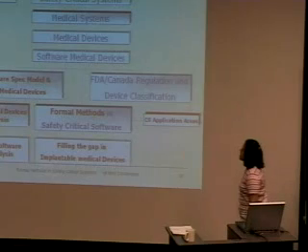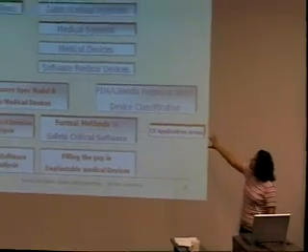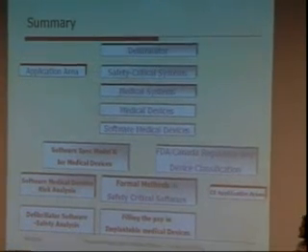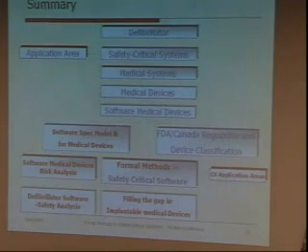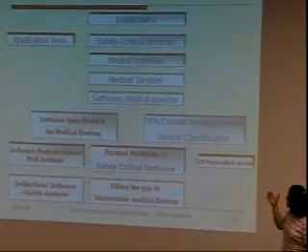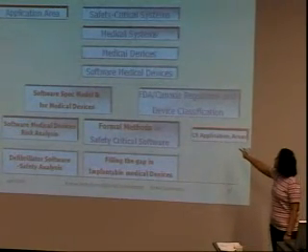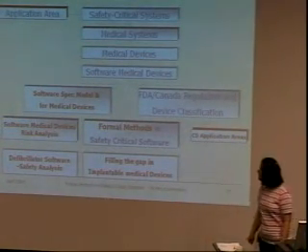So this is a summary of my talk. These blue parts I defined in the last presentation, and specifically today I went over a software specification model for medical devices. I defined risk analysis for software medical devices. On the formal methods part, I went over the computer science application areas that use formal methods.